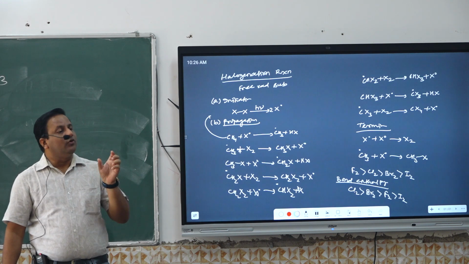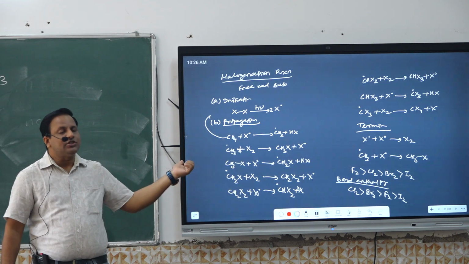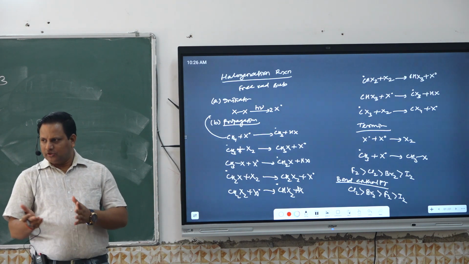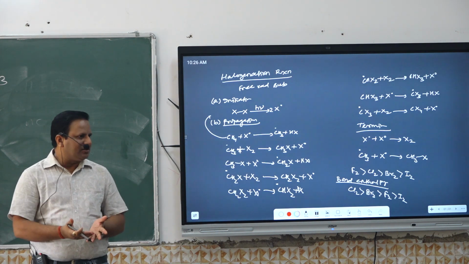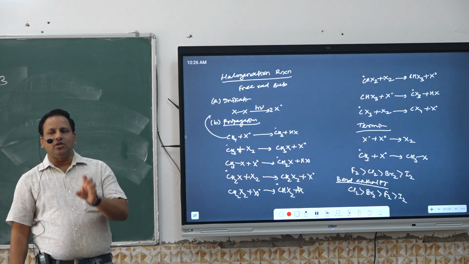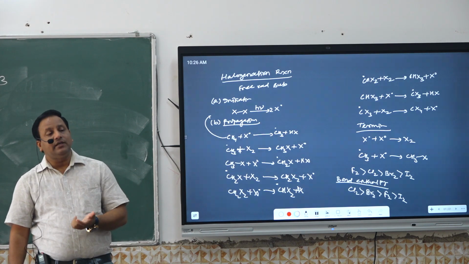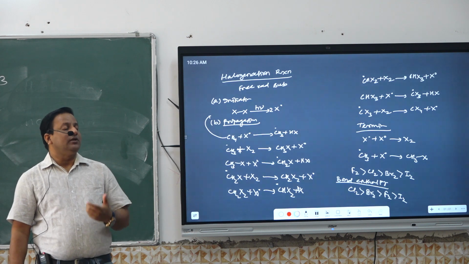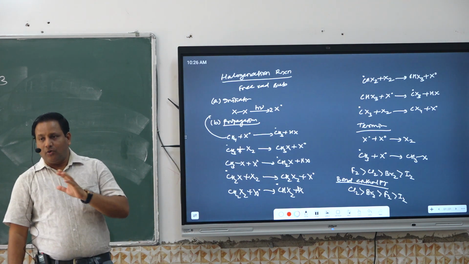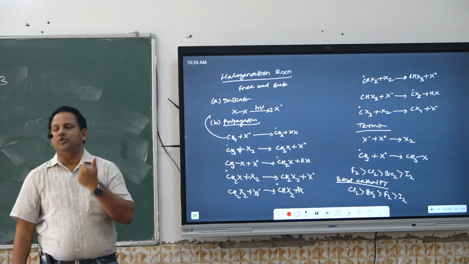So fluorine should be highest, but the answer is chlorine. The reason is inter-electronic repulsion is more dominating in fluorine due to the small size as compared to chlorine. So bond enthalpy is higher in chlorine.